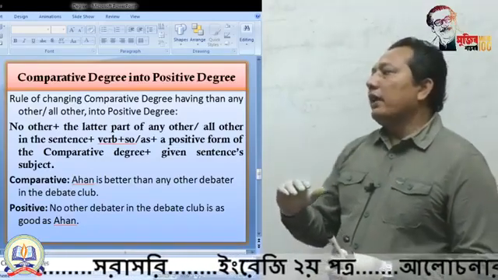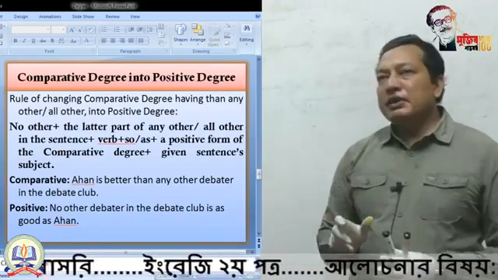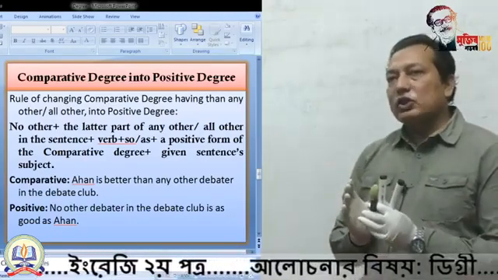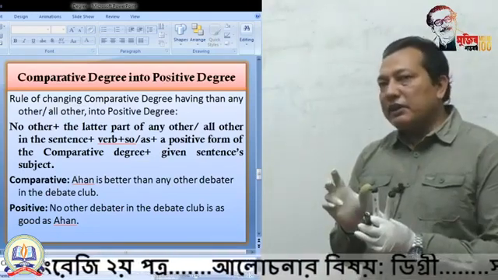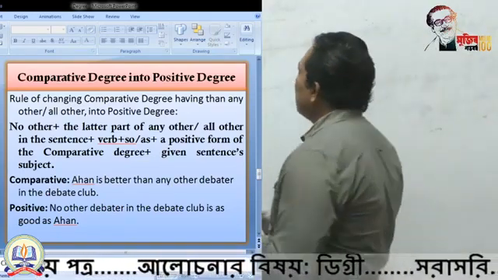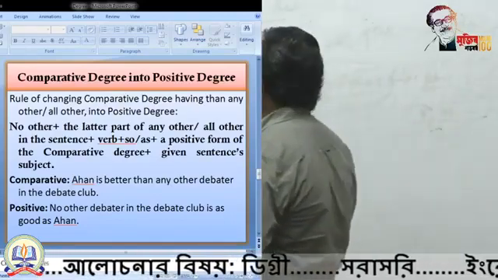But when you make positive degree, of course you have to use "so" or "as...as". That means the positive degree will be in between "as". Here the structure is almost the same.